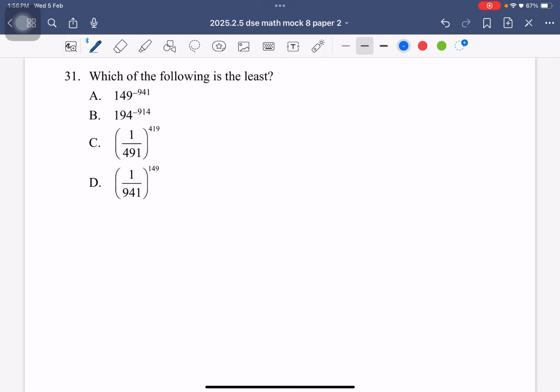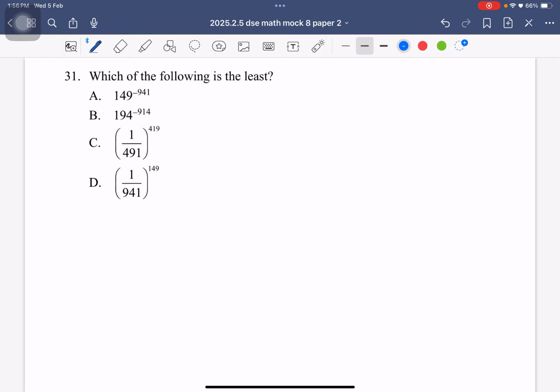Okay, finished? So question 31. What are you going to do for this question? Use your calculator. What answers do you get?